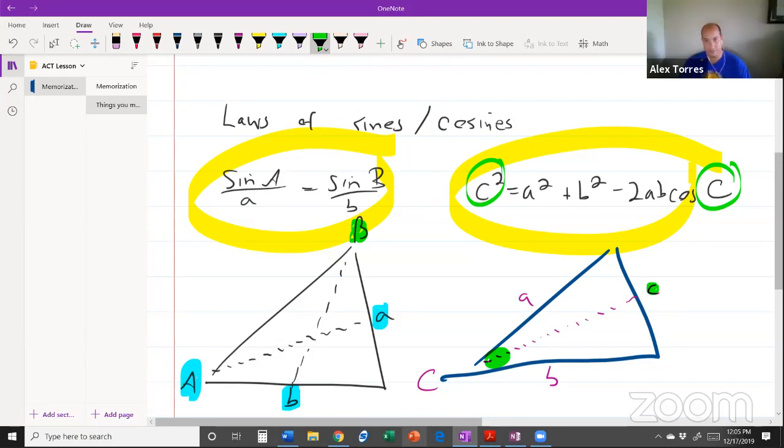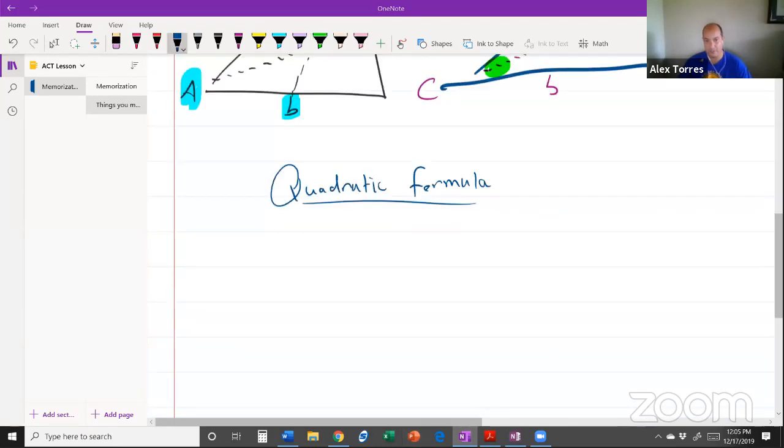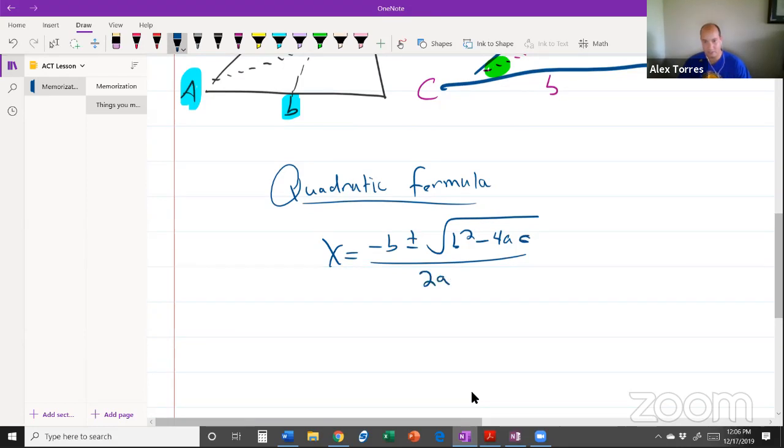Okay, so if you don't have it memorized already, you absolutely should memorize the quadratic formula. I know maybe about 60% of American students probably don't have this memorized right now in high school. But x equals negative b plus or minus square root of b squared minus 4ac all over 2a.